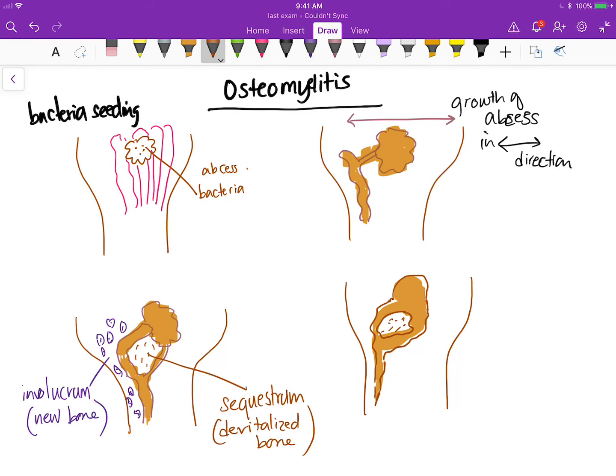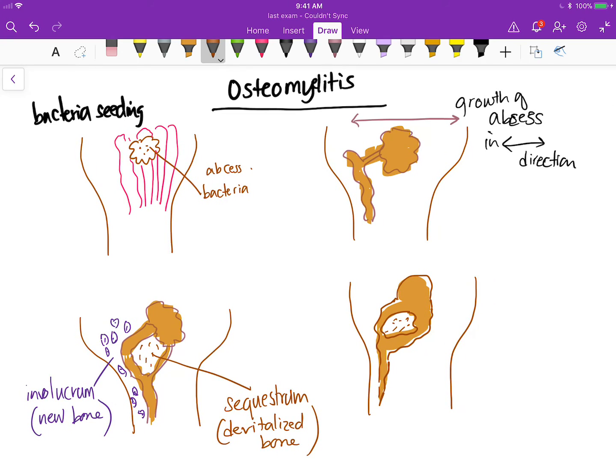Over time, these bacteria tend to erode the periosteum, and in the end what you end up with is sort of a sinus, which is basically a space, and it ends up draining externally. So you end up forming a sinus, and it ends up draining externally.